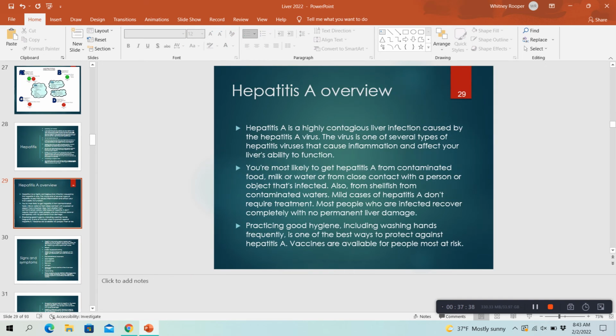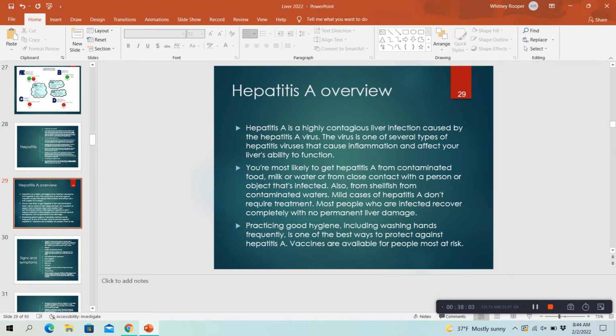Hepatitis A is highly contagious. You can get it from contaminated food, milk, water, or from contact with a person who's infected. Shellfish, again, your book specifies shellfish over and over and over.